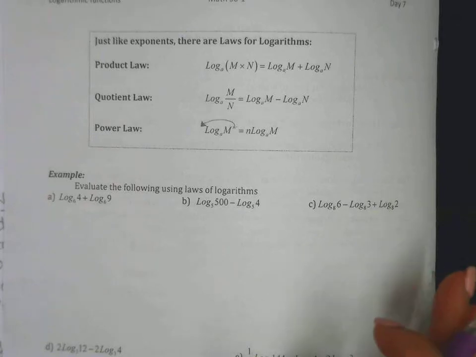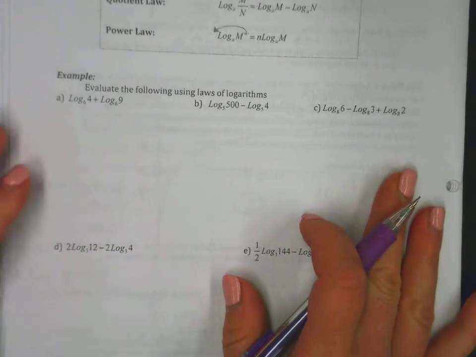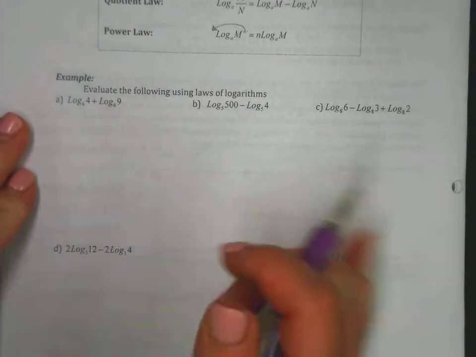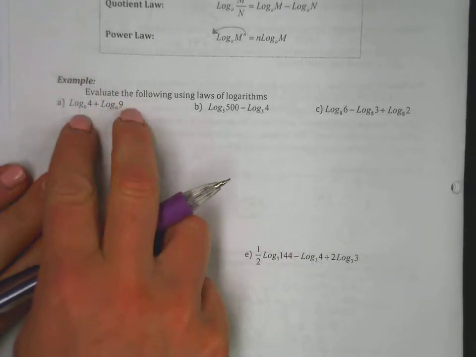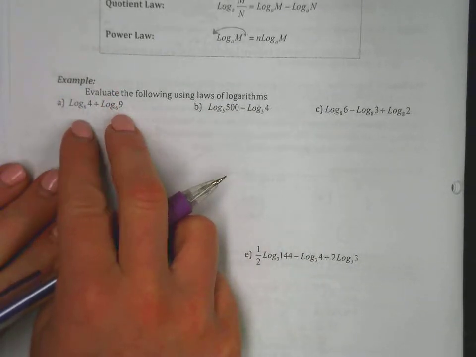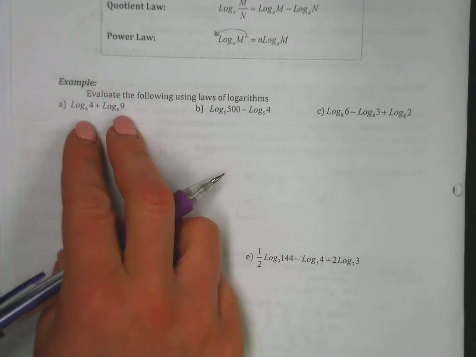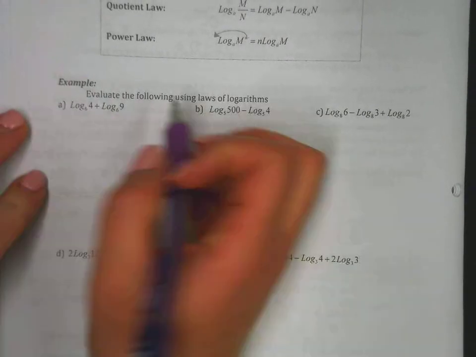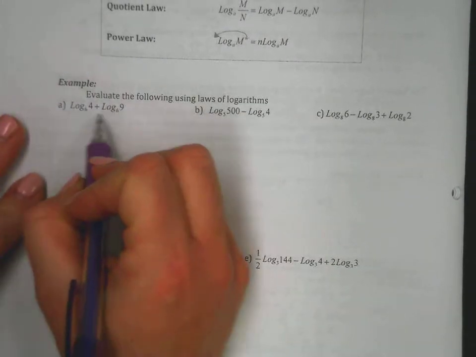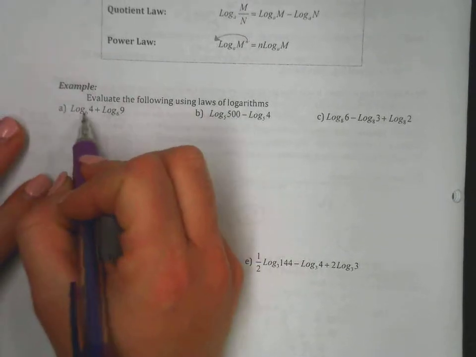So, for example, we want to evaluate the following using laws of logarithms. I don't want to put this into my calculator, I actually want to use my laws of logarithms to simplify and then evaluate. So I'm going to rewrite this as a single logarithm with a base 6.